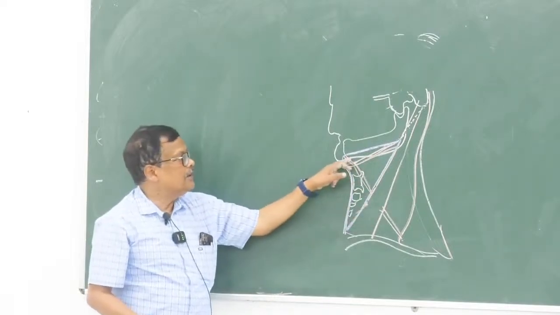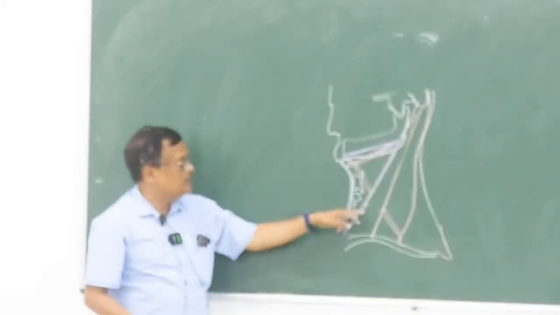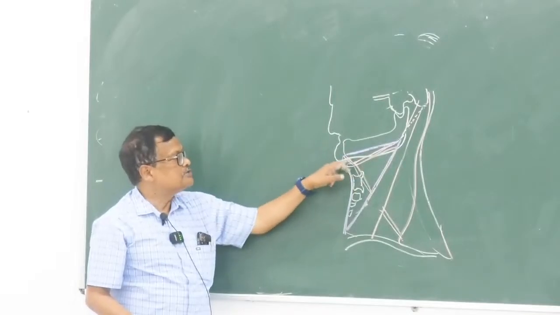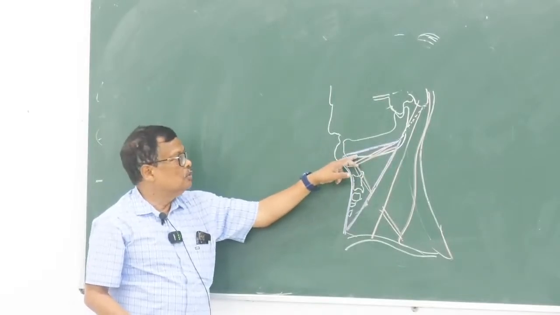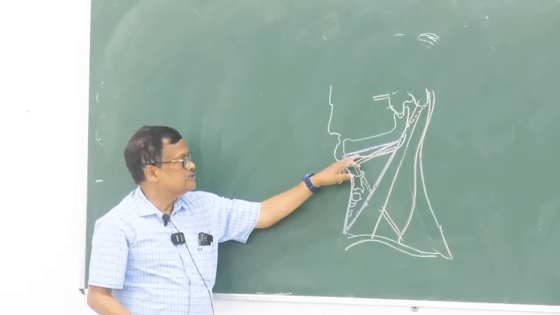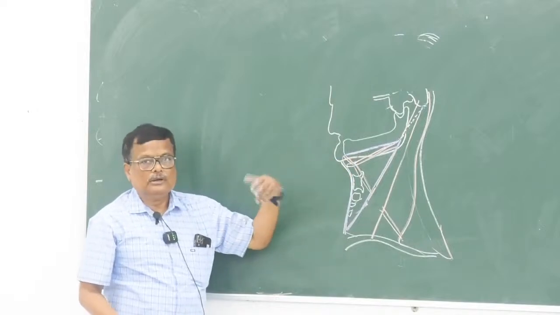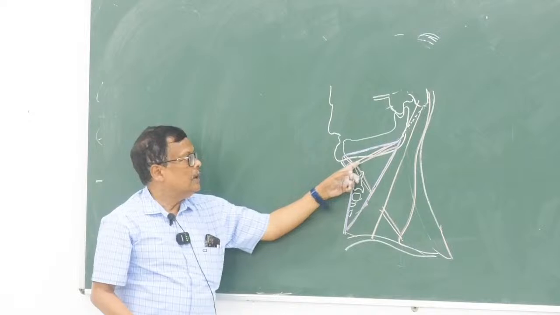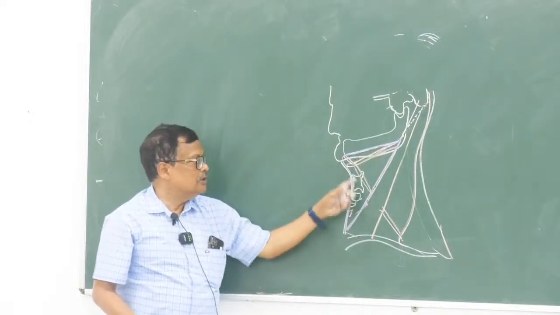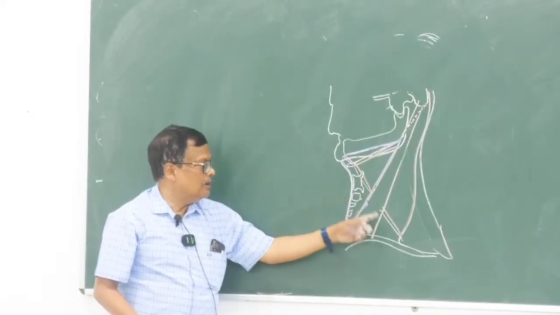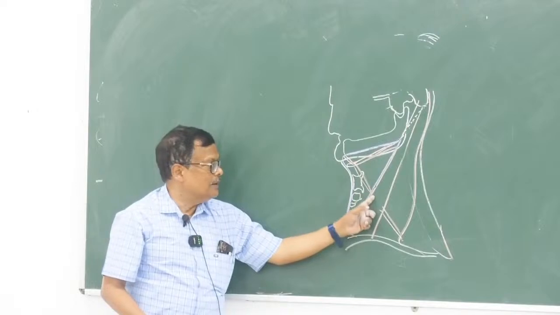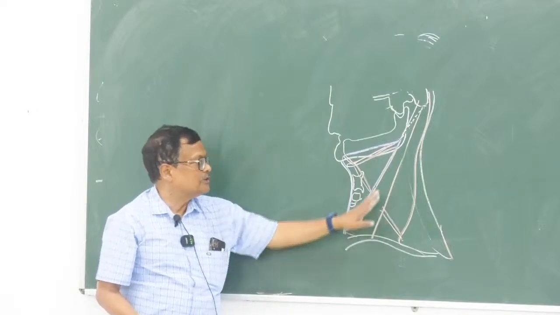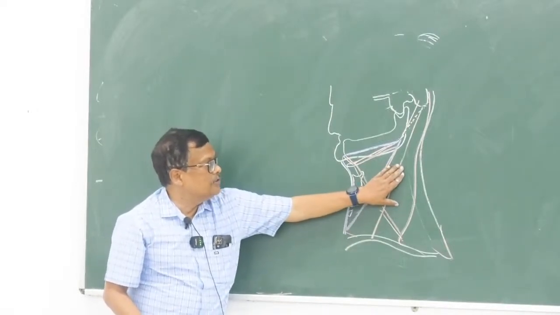So anterior triangle is divided by a number of subdivisions into small triangles. What are the muscles which divide? Anterior belly and posterior belly of digastric, superior belly of omohyoid, mainly superior belly; inferior belly is meant for the posterior triangle. সুতরাং এইটা হচ্ছে anterior triangle.